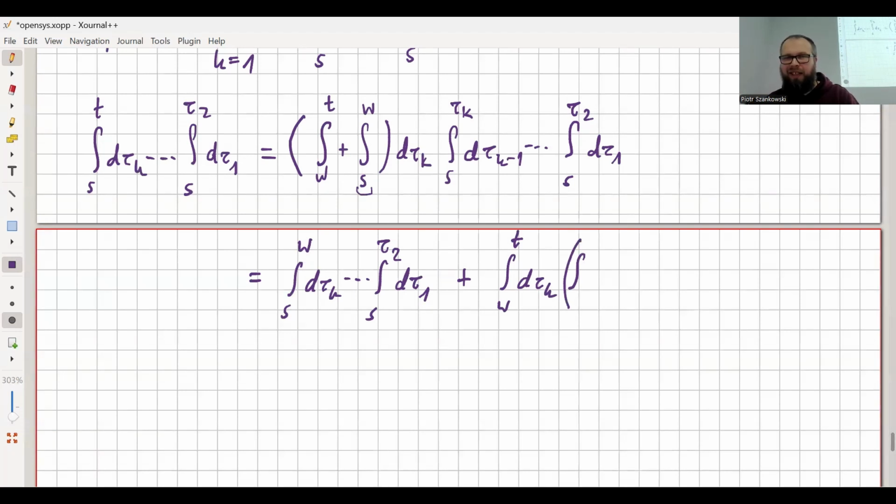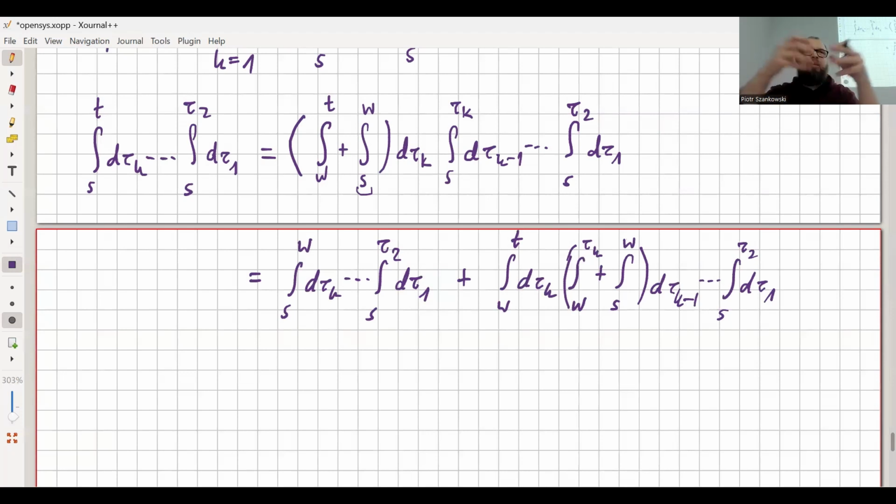And then we take this second guy and we split this integral into W, S, tau k minus 1, tau 2, S, tau 1.